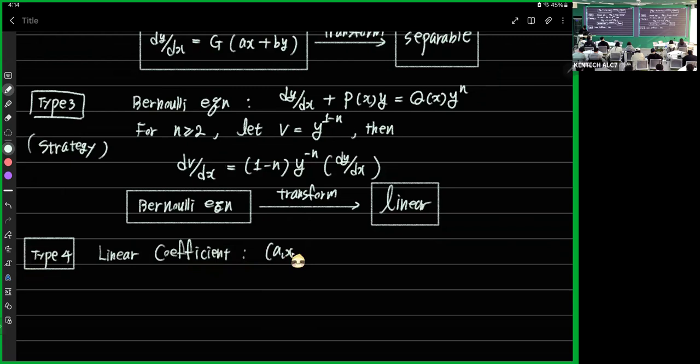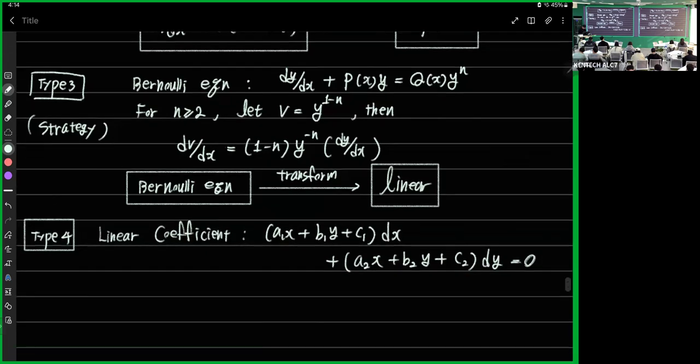Almost done, hang in there. The equation is quite long: (A1x plus B1y plus C1) dx plus (A2x plus B2y plus C2) dy equals 0. It looks like an exact equation, but it's not exact.